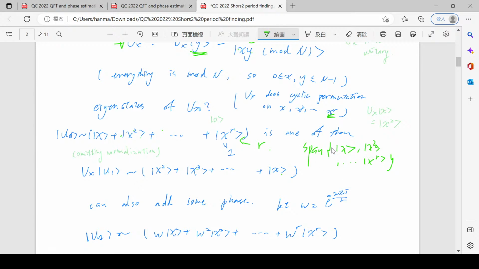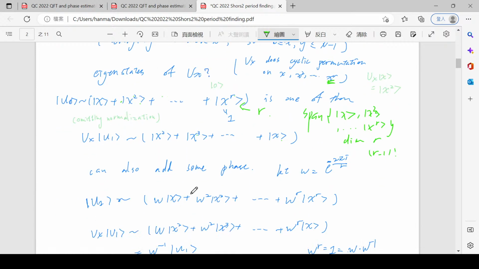So any eigenvector in this subspace should stay in it. And obviously it has dimension r, so there should really be r eigenvectors in this subspace, and we only found one of them. So how do we construct the other r minus 1 eigenvectors?